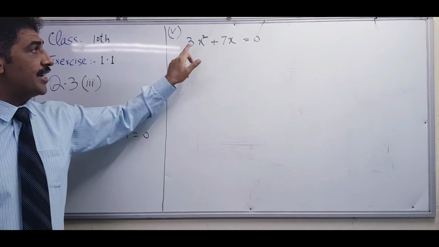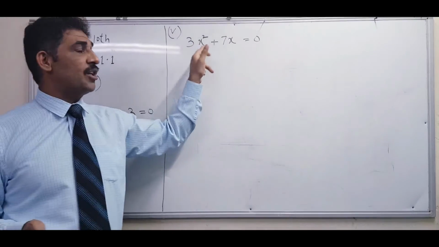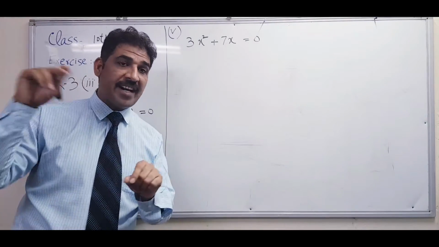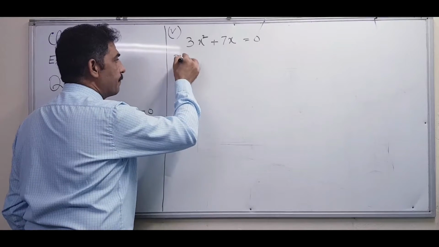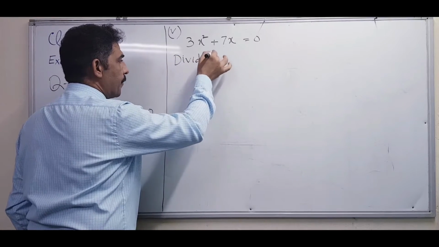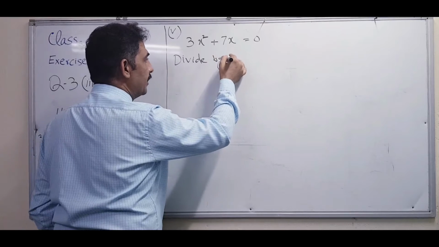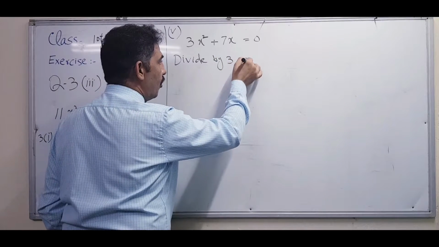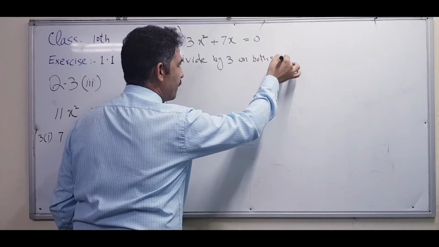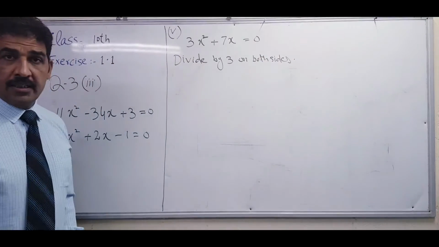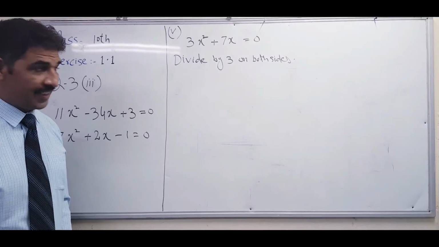It means that the coefficient of x square, the number which is given, we divide by that number. Yes, divide by 3 on both sides. Divide by 3 on both sides, right?